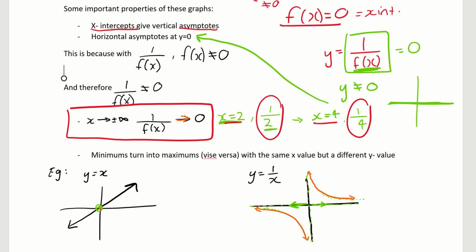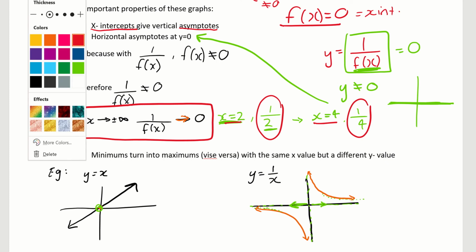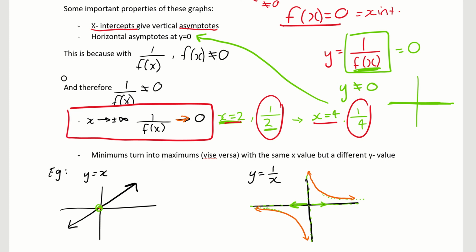We know, without even knowing today's lesson, that the graph of y equals 1 on x is that hyperbola, and it has asymptotes at y equals 0 and x equals 0. Now that makes sense, because the x-intercept on our original graph was at 0. So x cannot equal 0 because x is on the bottom of the fraction here. We can't have 0.